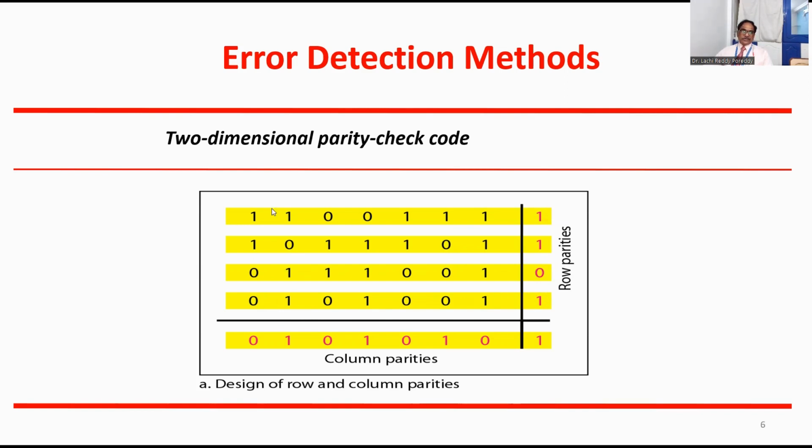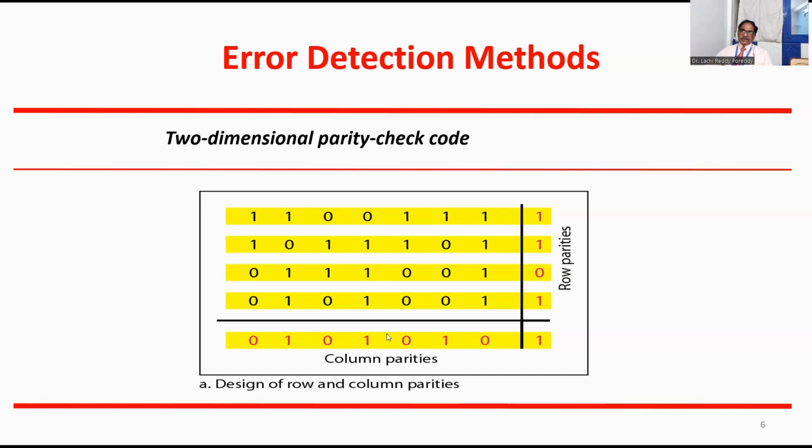Next, column-wise. First column, 2 ones are there, an even number of ones, so the redundant bit is 0. The second column, 3 ones are there, odd, so the redundant bit is 1. So that altogether is even. Third column, 2 ones are there already, even, so the redundant bit is 0. Fourth column, 3 ones are there, odd, so the redundant bit is 1.